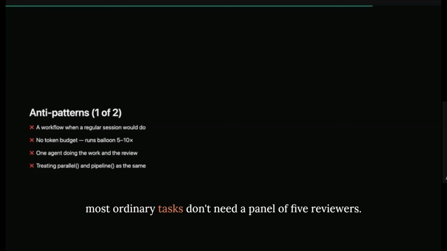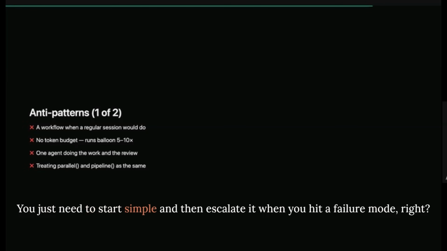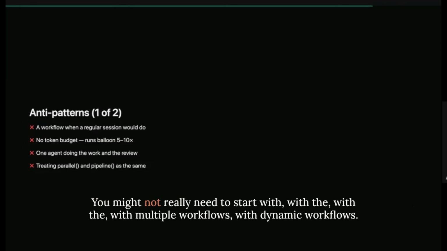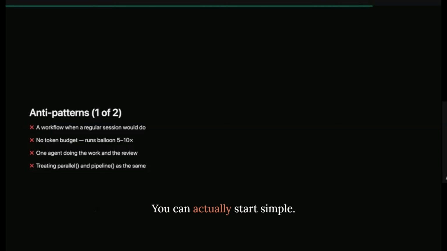Most ordinary tasks don't need a panel of 5 reviewers. You just need to start simple and then escalate when you hit a failure mode, right? You might not really need to start with multiple workflows, with dynamic workflows. You can actually start simple.